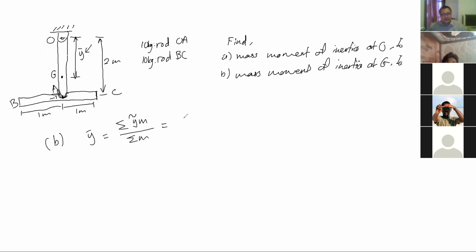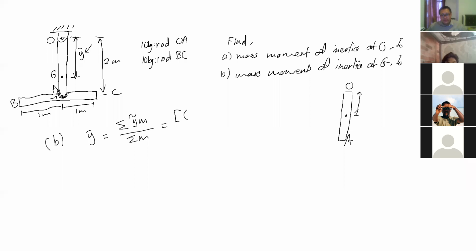So on the top part, we have the y bar for this particular rod OA.